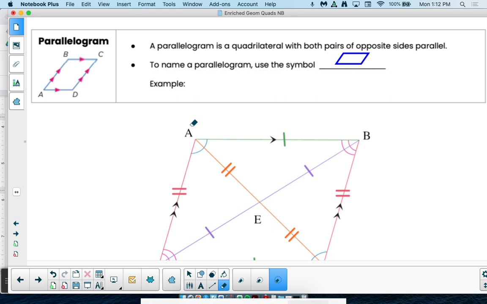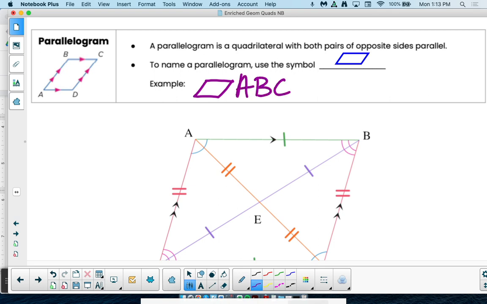But when you name a parallelogram, you just want to make sure you go in order of your vertices. So if you want to name this one, I'm going to draw my little parallelogram. You pick one vertex and then just go around. Which one should we start with? A. So we're going to go A and then just go clockwise. So parallelogram ABCD.